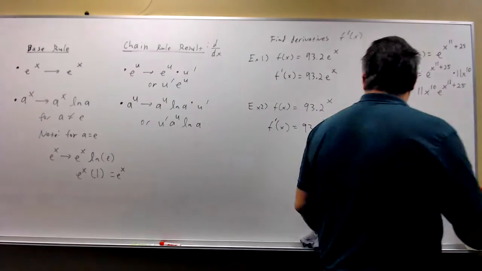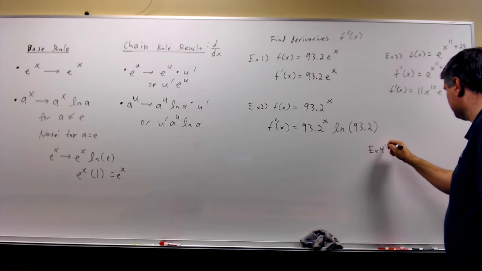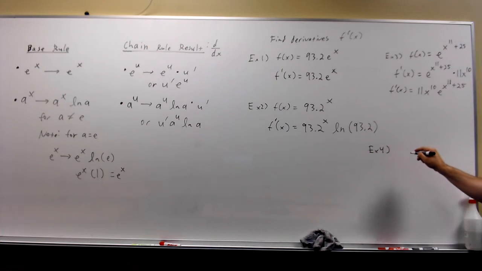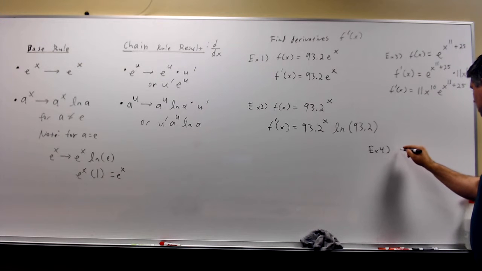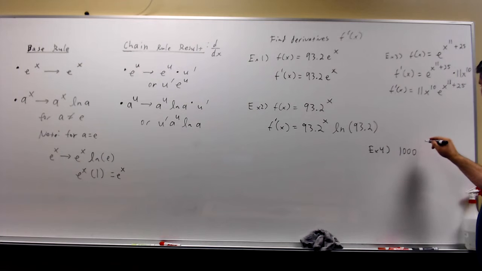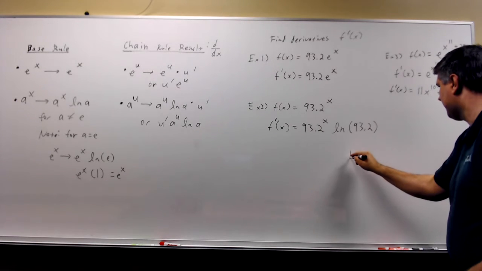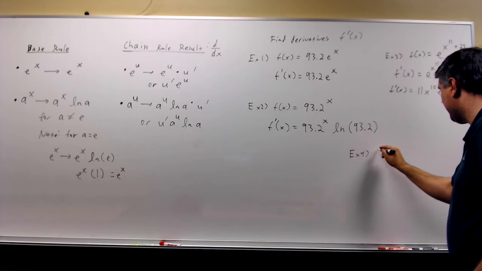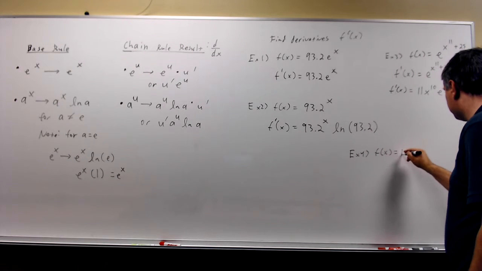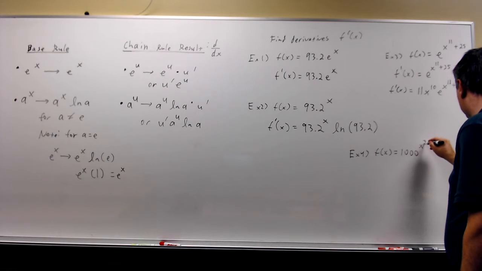So for instance, example 4. f of x equals 1,000 to the x cubed minus 15th power.